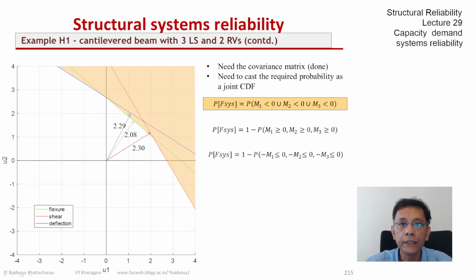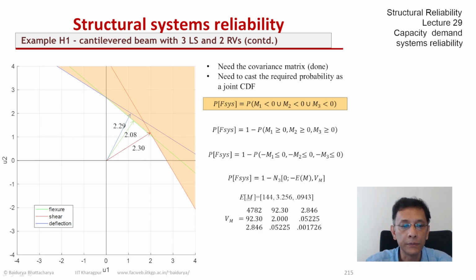So now we have reached the desired form, except that we now have minus M1, minus M2 and minus M3, which should not be a problem because the mean of minus M is minus of the mean vector of M, and it doesn't matter whether it's plus or minus, the covariance matrix remains the same. So the PFSys is 1 minus the three-dimensional normal integration at 0 with the mean vector minus EM and the covariance matrix VM as we have already derived.